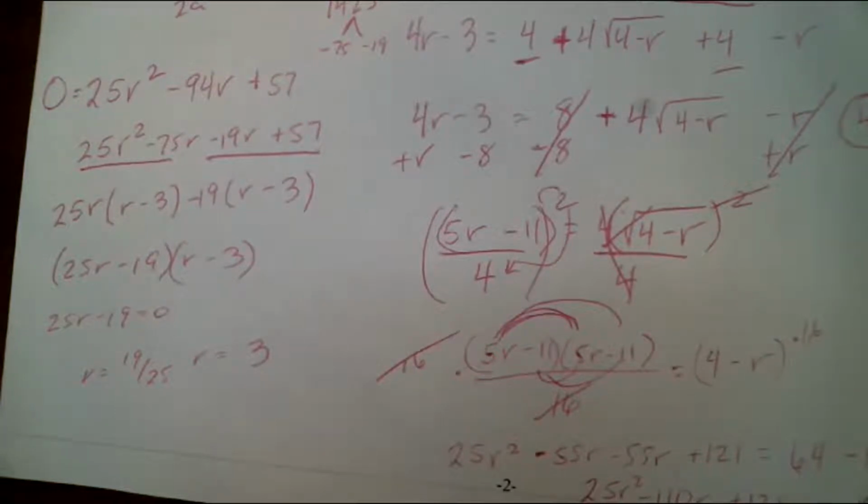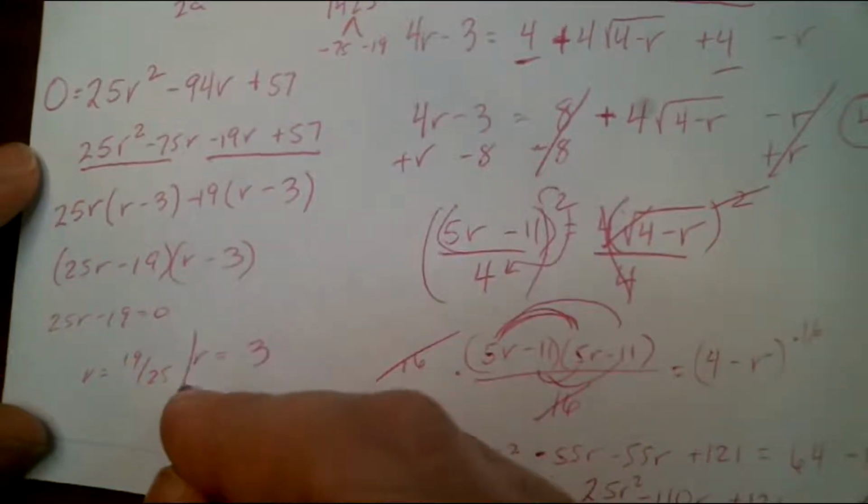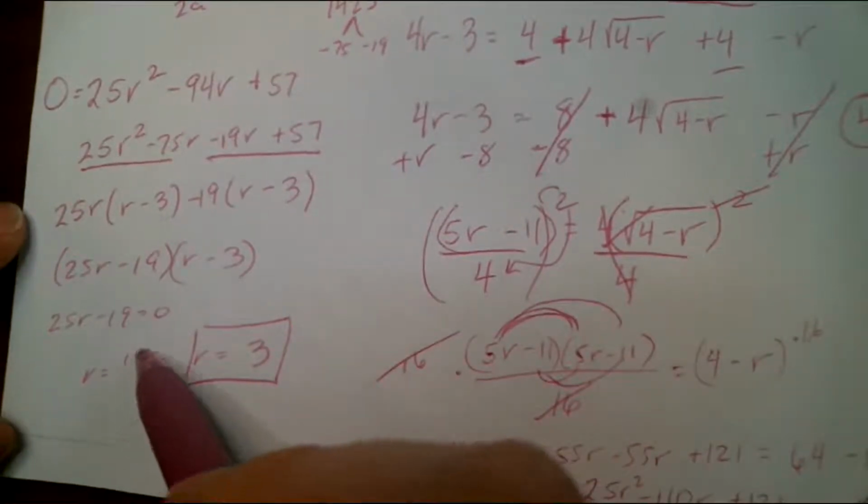Is one of these extraneous? Okay. All right, so 3 is our answer. Okay, r equals 3. 19 over 25 does not work. It's extraneous.